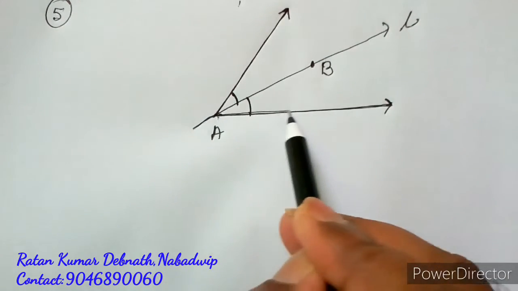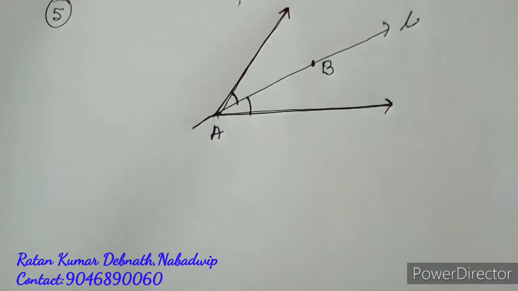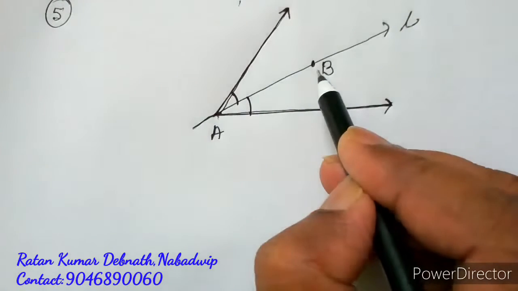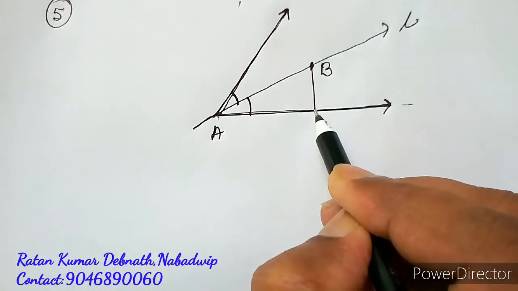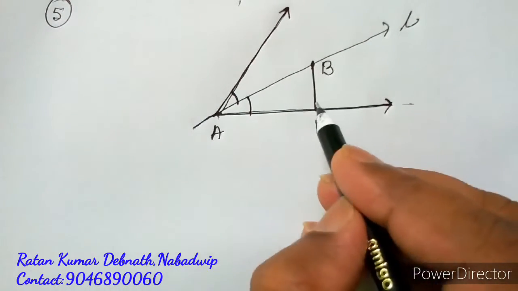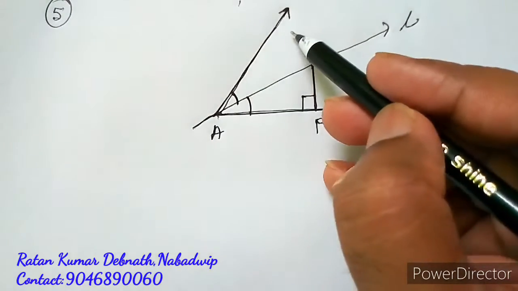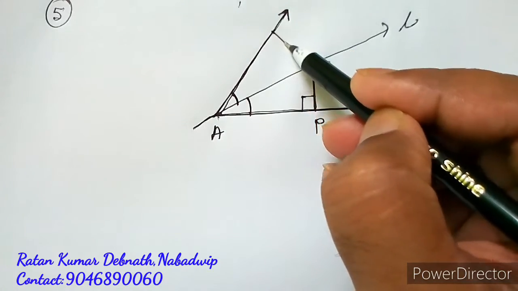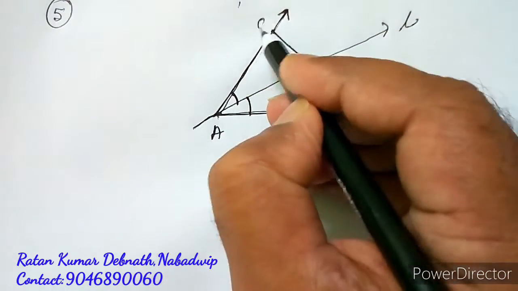This is one arm of the angle A. This is another arm of angle A. Let us draw perpendicular from the point B on this arm that meets this arm at P. So this angle must be 90 degree. Let us draw another perpendicular from the point B on this arm that meets the arm at Q.